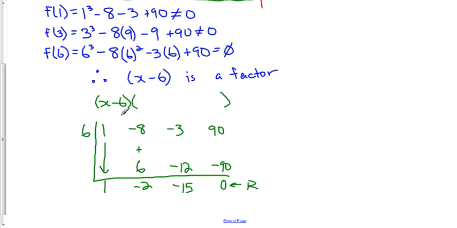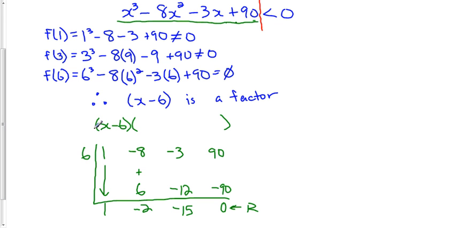So this original expression is equal to x minus 6 times something. That something is given by these values here, with the degree starting with 1 less than the degree of the original. The degree of the original is 3, so this one will be x squared.